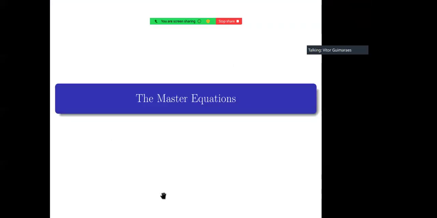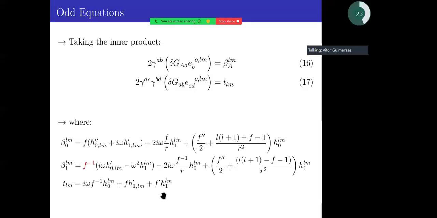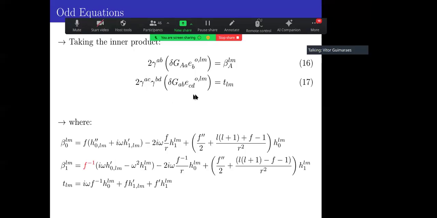So now, this was all a prelude to what I actually want to talk about today, which is how to get to the master equations, okay? Just to make sure that all is clear, because this is the important point here.